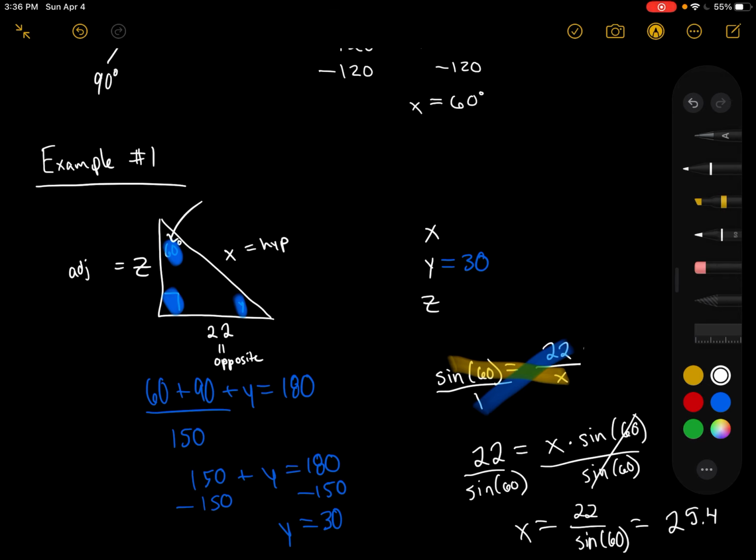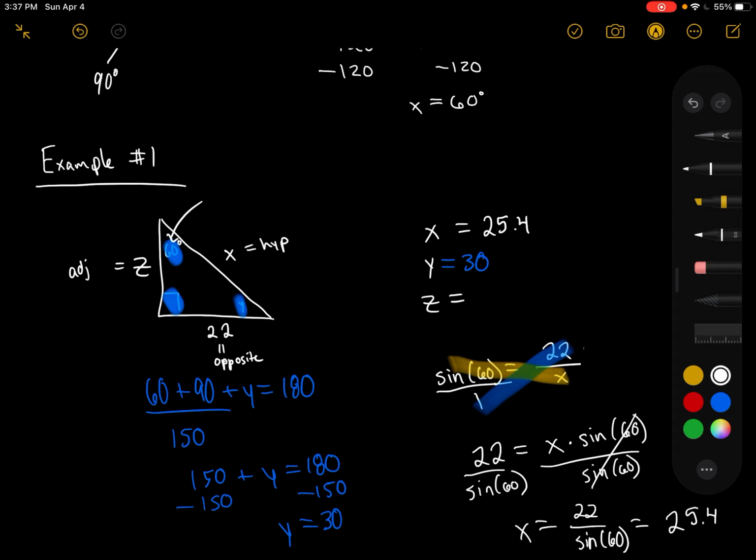That should give us 0.866. Awesome. So we'll have 22 divided by 0.866. Always good to double, triple check, make sure we're in the right space there, because otherwise it definitely could lead to some wrong answers. So 25.4 is our x value.